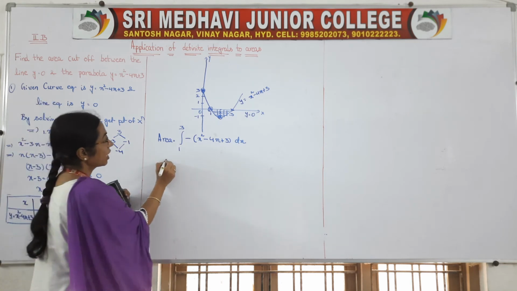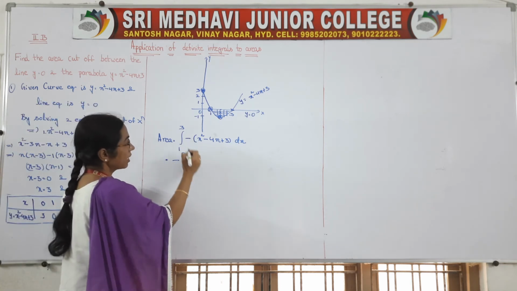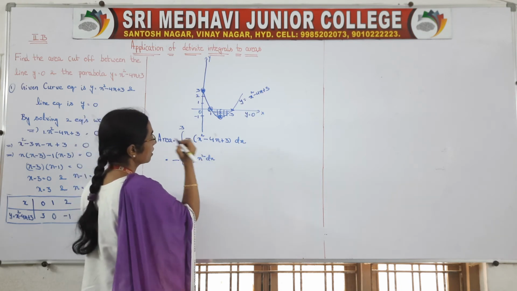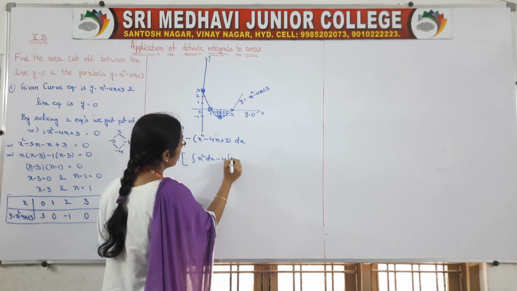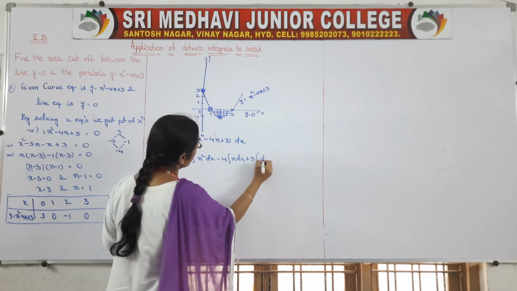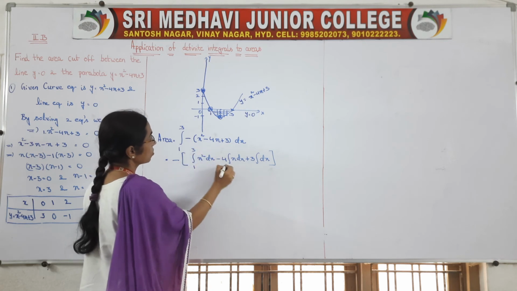So you take the minus sign outside and integrate each term: x squared dx, next minus 4 into x dx, plus 3 dx. The limits are 1 to 3.